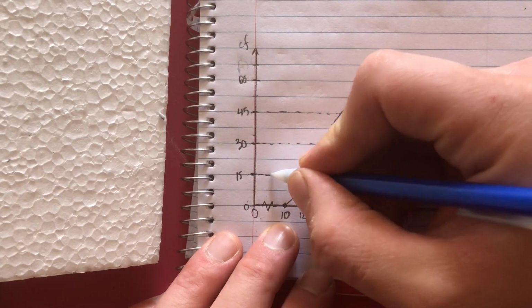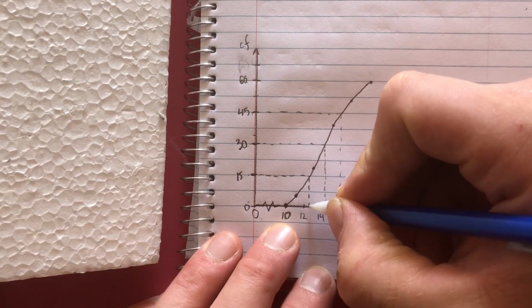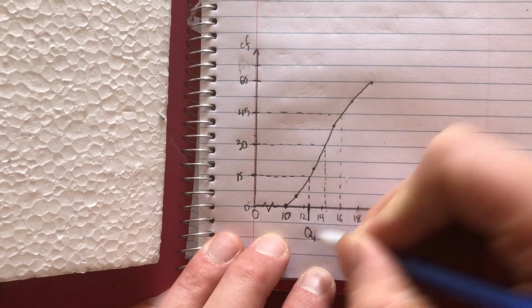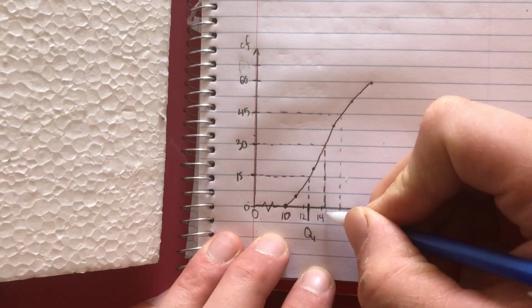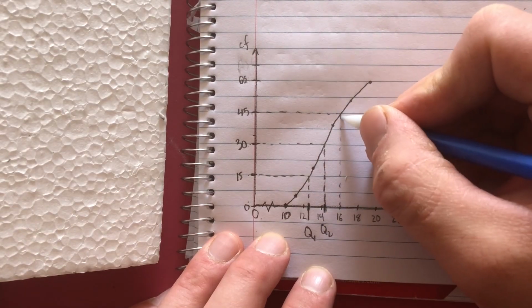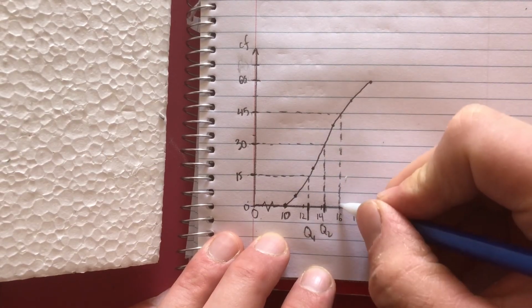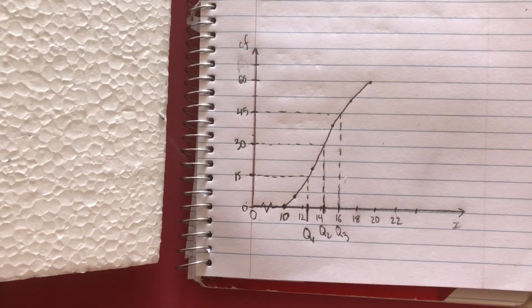So in fact, these are my values of my first quartile, my median, or Q2, and my third quartile. So those are the values of my first, second, and third quartiles.